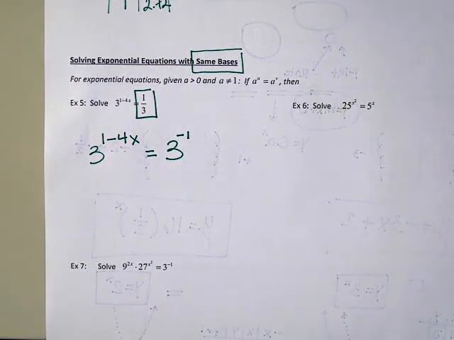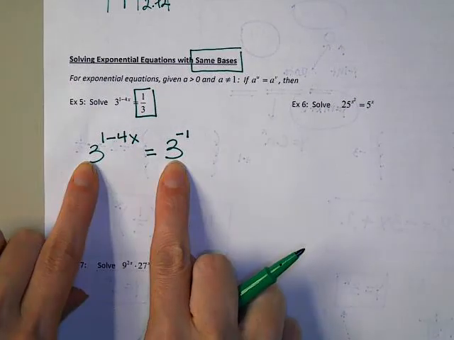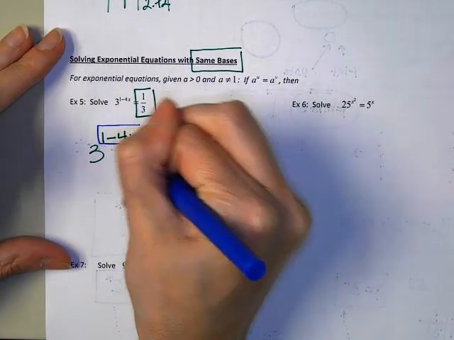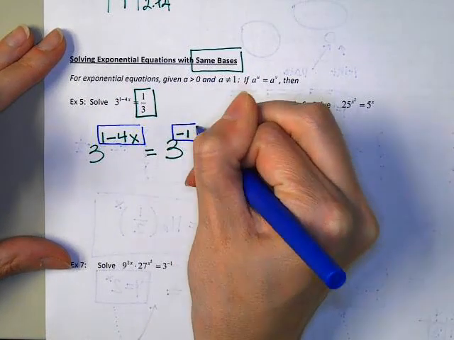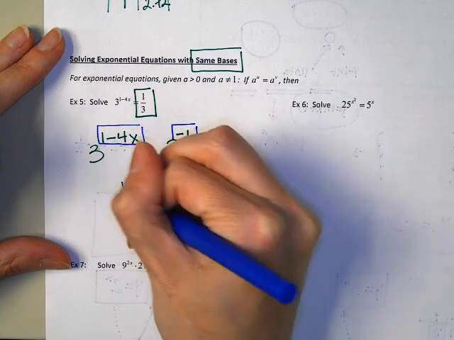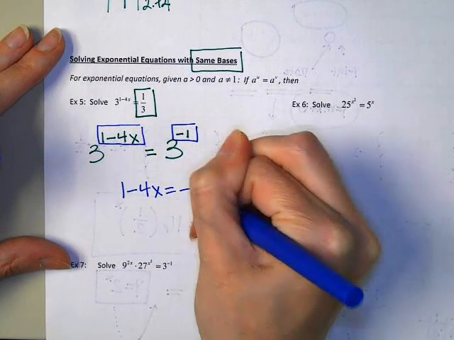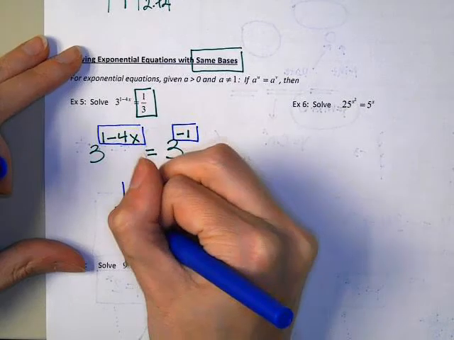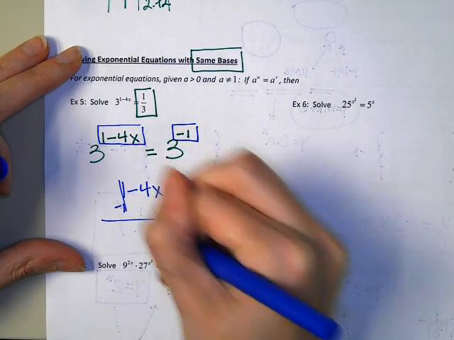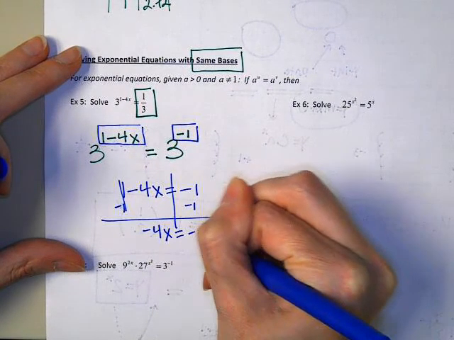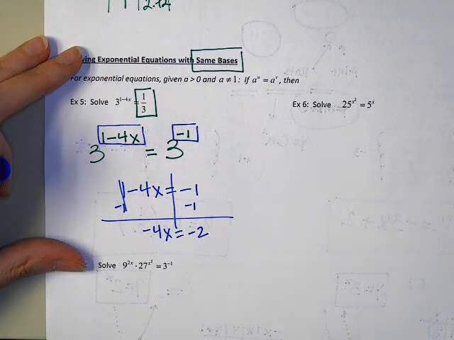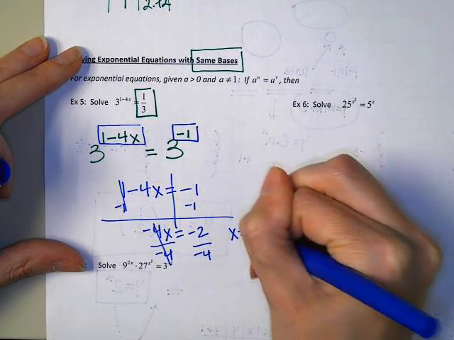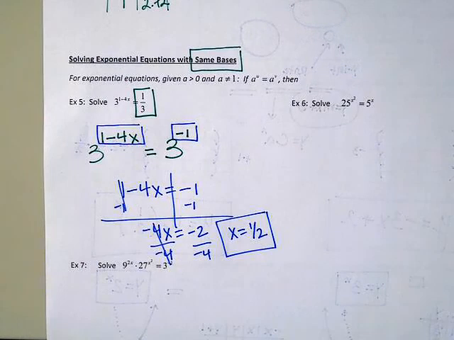Because that flips it. And then if you guys have the same base, all you have to do is set the exponents equal to each other and solve for x. So 1 minus 4x equals negative 1. We just have to solve. So if we subtract the 1 over, we get negative 4x equals negative 2. And then if we divide both sides by negative 4, then x is going to be 1/2, and you're done.